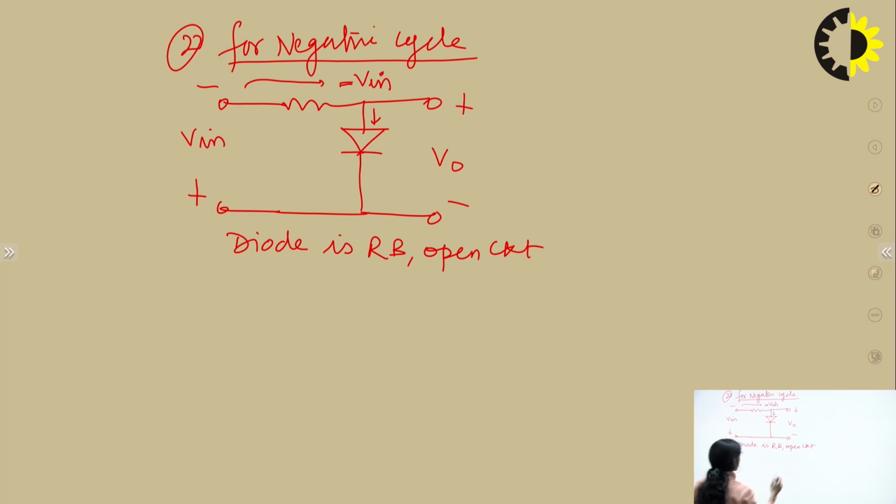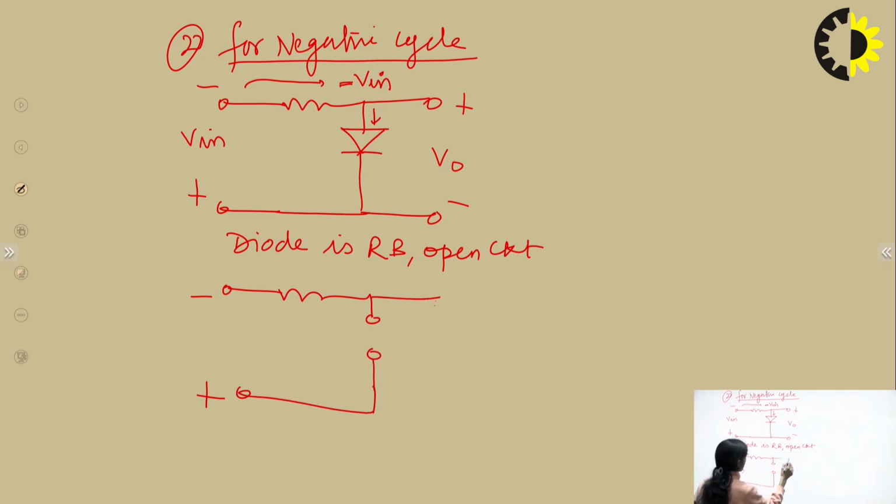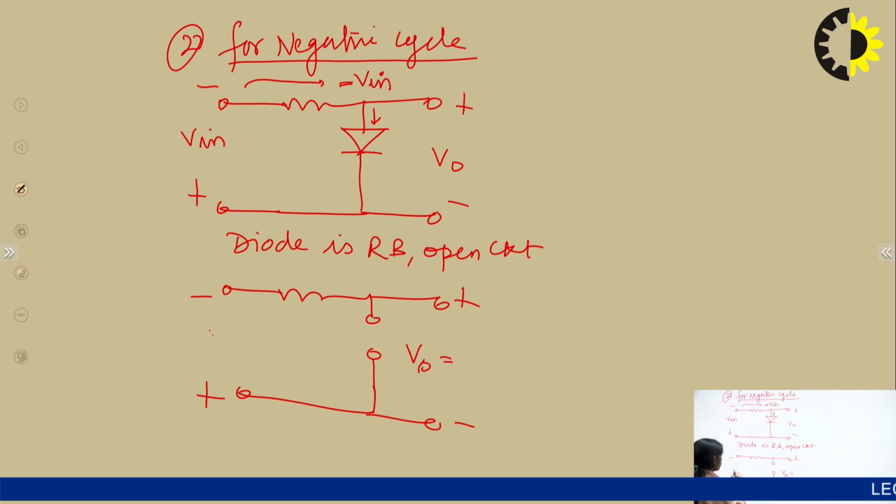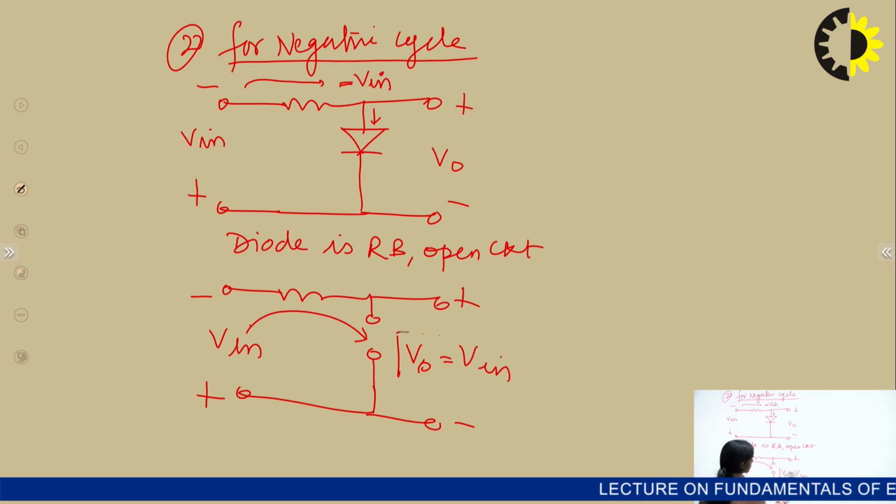For this arrangement the circuit is drawn like this, the diode will become open, and we know that for an open circuit the output voltage is exactly equal to the input voltage. So Vout is equal to Vin coming out here.